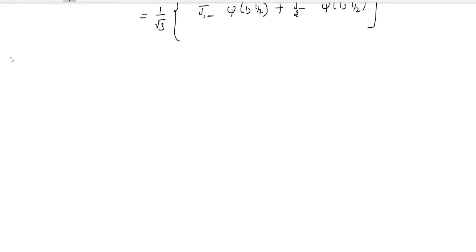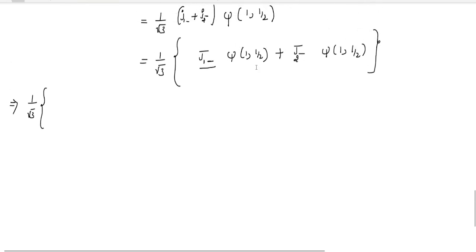Okay, so because of the equation, I'm going to write here root 3. Here I'm going to apply j1 minus. This is m1 and this is m2.